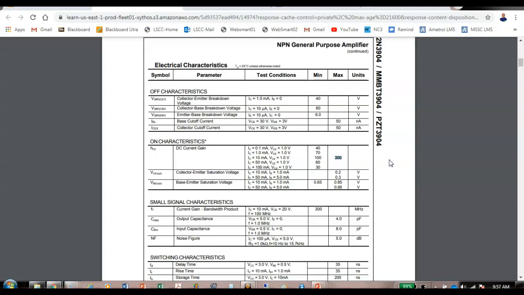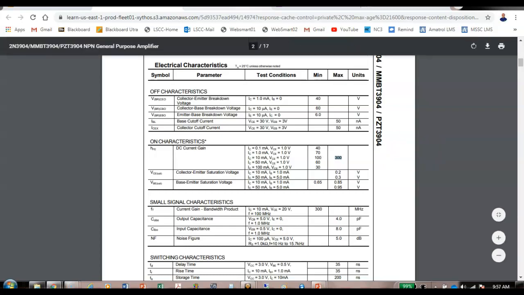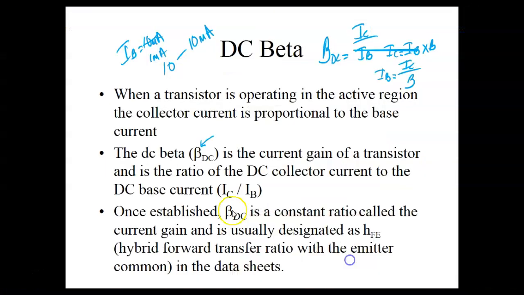I just know I cannot set the beta less than 30, and I cannot establish a beta greater than 300. Does that make sense? When we get into amplifiers, we'll see that we set the beta where we want it to be. Once we establish a beta of 30, or a beta of 50, then it would be a constant ratio once it's been established.